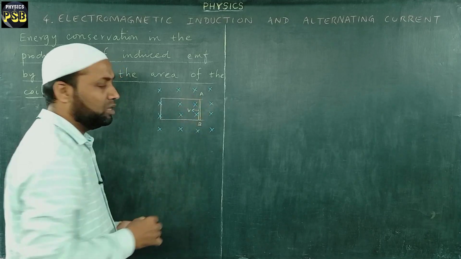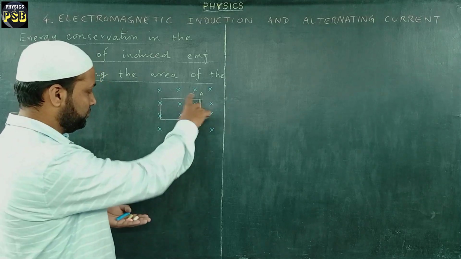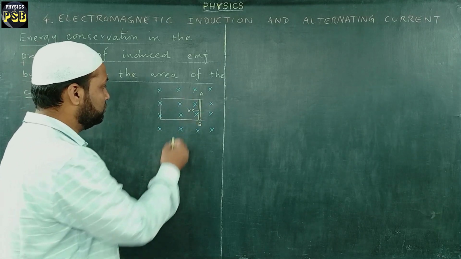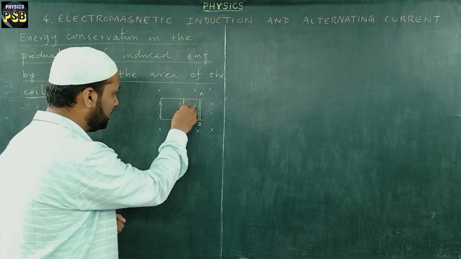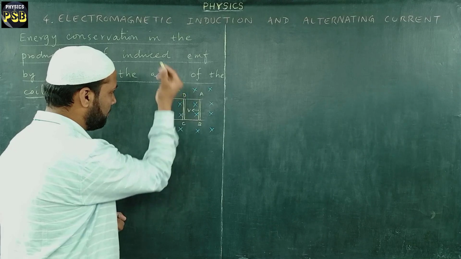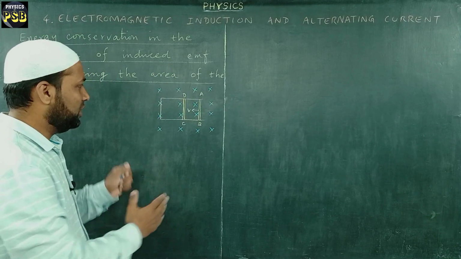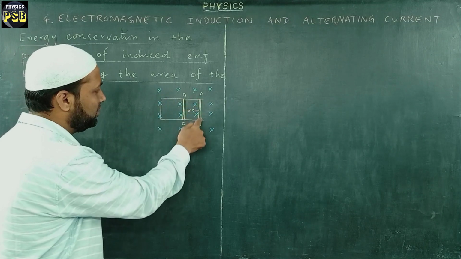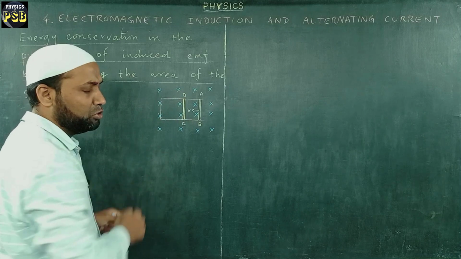Velocity V. When we do so, suppose after time dt, the metal rod has moved to a new position represented by letters C and D. Okay, what happens? You can see earlier the area of this loop was large, but now the area has reduced.